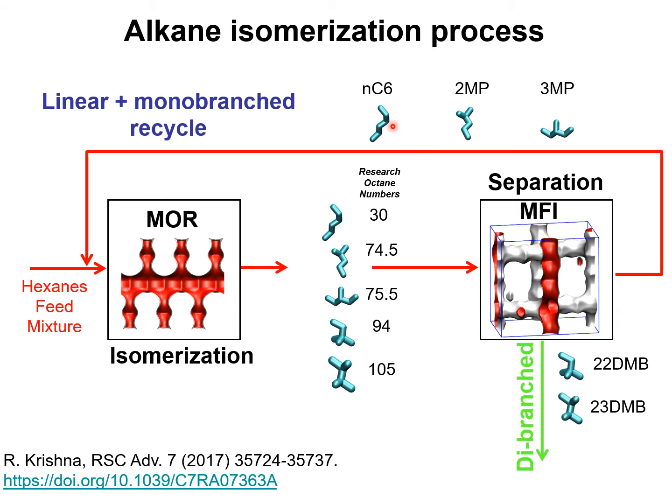The stream containing normal hexane and the monobranched isomers 2-methylpentane and 3-methylpentane is recycled back to the reactor for further isomerization to the dibranched isomers, and the dibranched isomers from the adsorption separation unit are recovered and sent to the gasoline pool for producing high-octane gasoline.